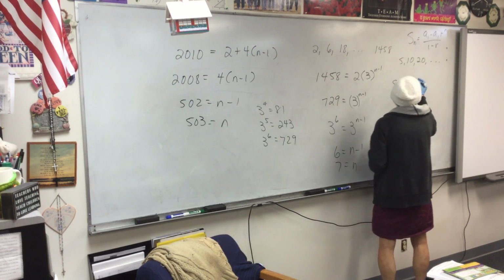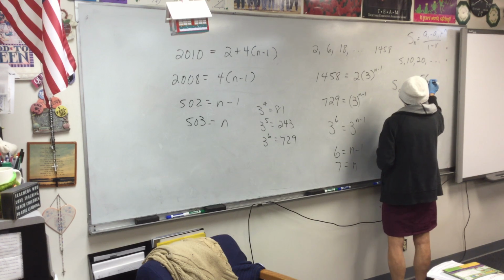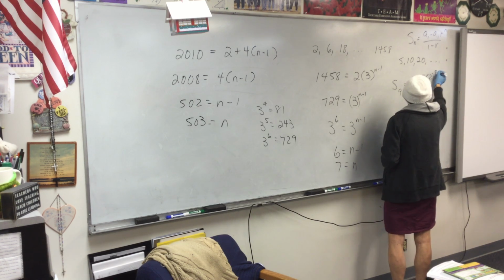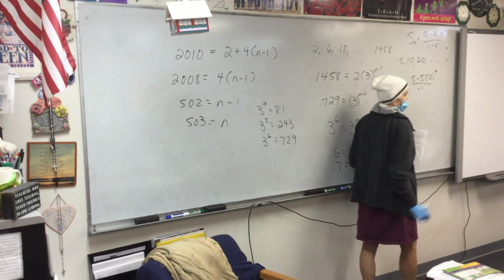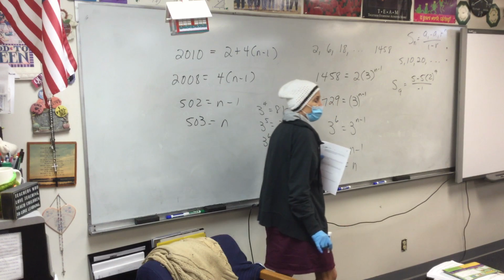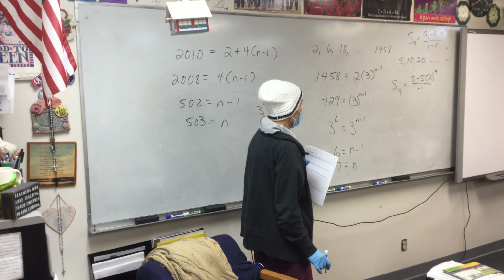So here we go. 5 times, 5 minus 5, what's my ratio? 2 to the 9. Over 1 minus 2, I'm just going to go ahead and put negative 1. All right, let's type that in.